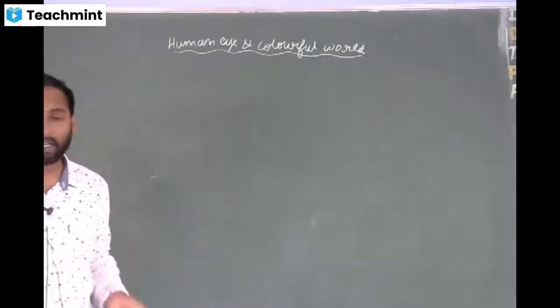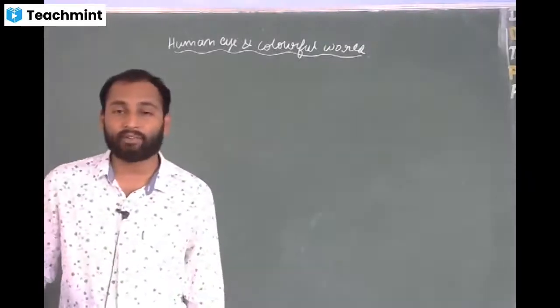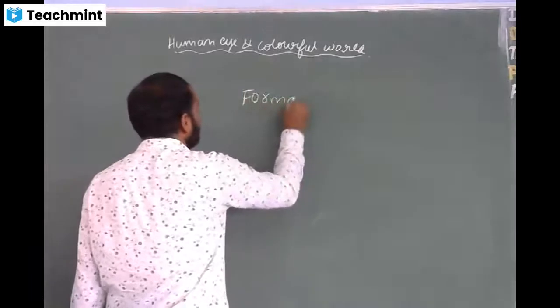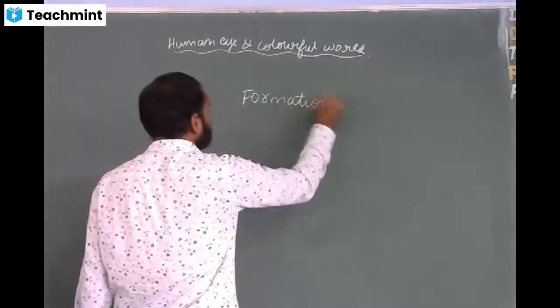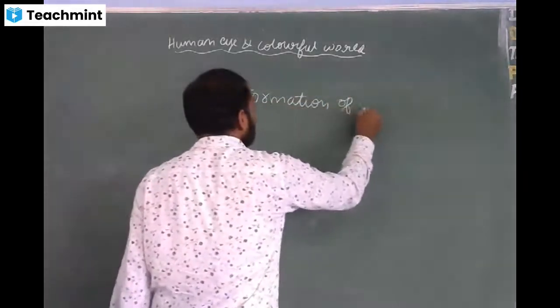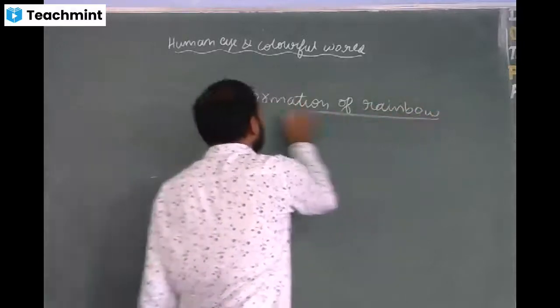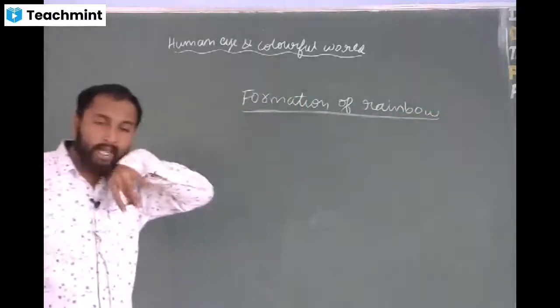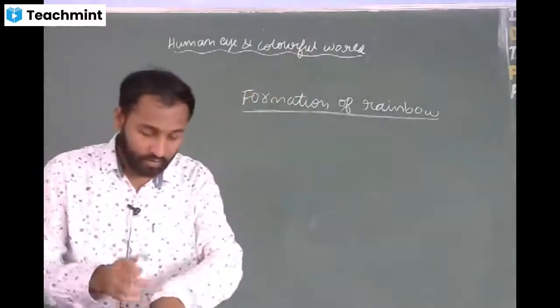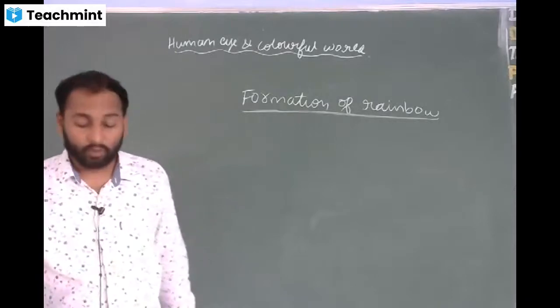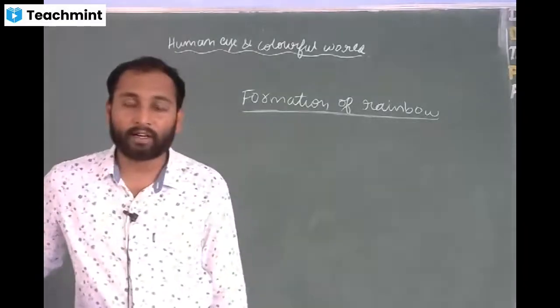Next comes the concept of formation of rainbow. Rainbow is a natural phenomenon that occurs after the rain shower.